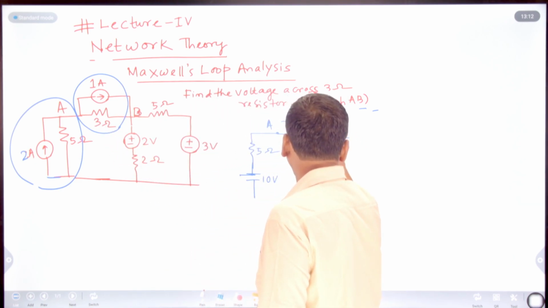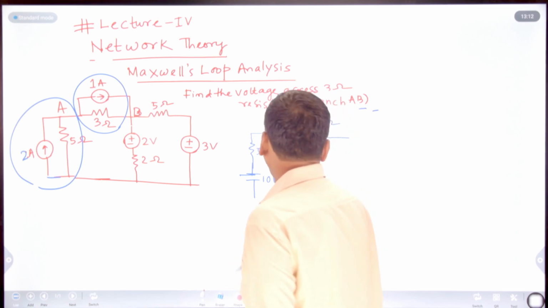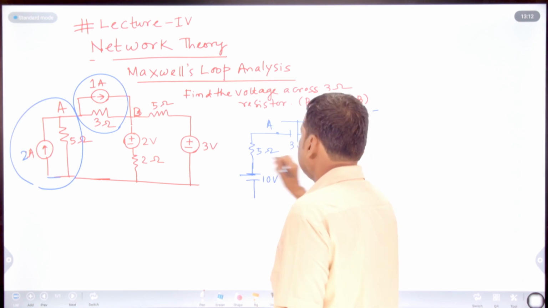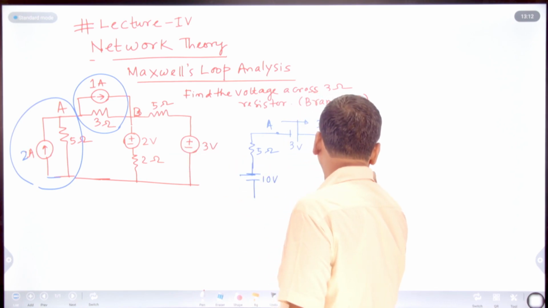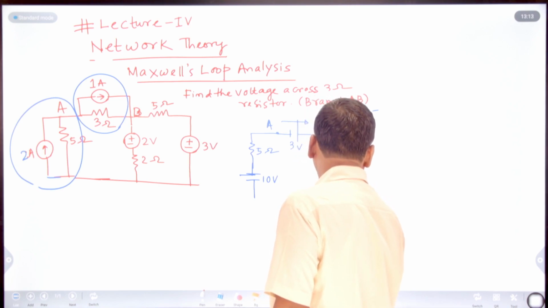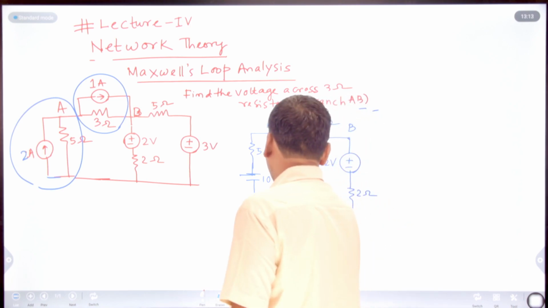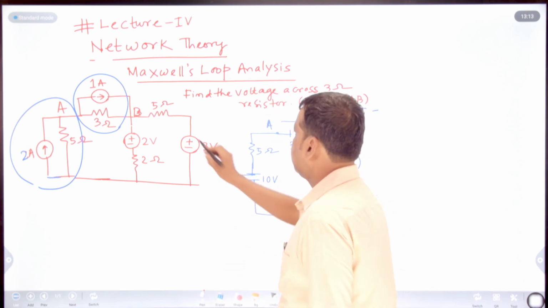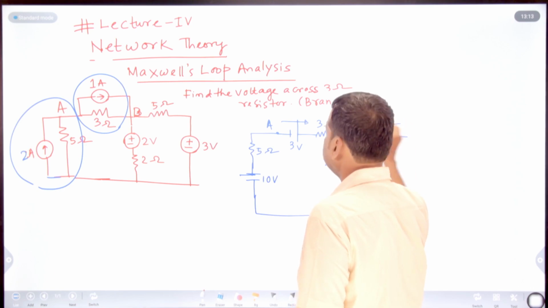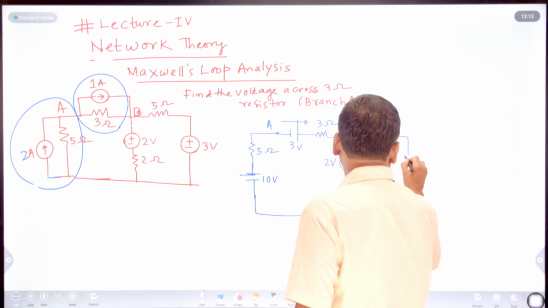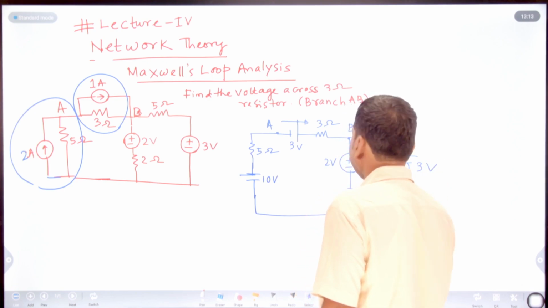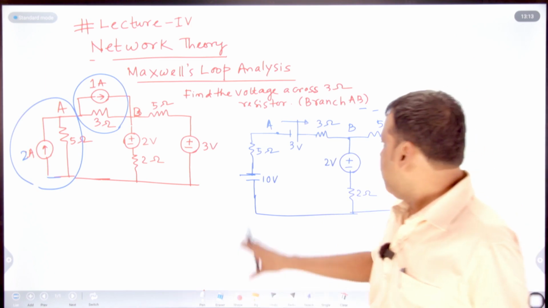This point is B, and here there is a 2 volt source, then 2 ohm, this is your 5 ohm, and this is your 3 volt.